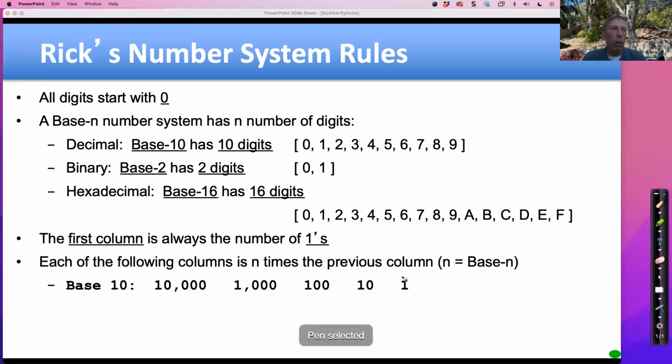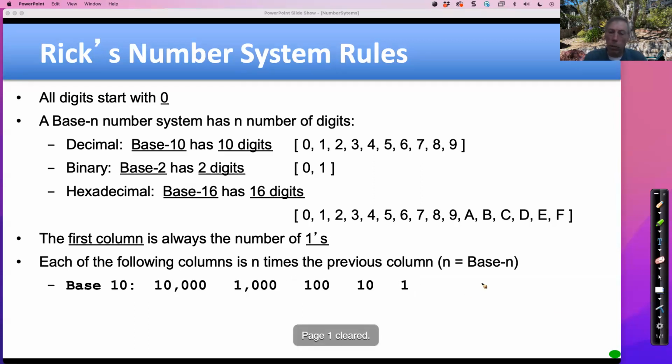So, for example, we start with a 1 here. This next column is 10 times the previous column. Now, what about the next column? It's 10 times that column. So each column is 10 times the previous column. All right, that makes sense, I hope.